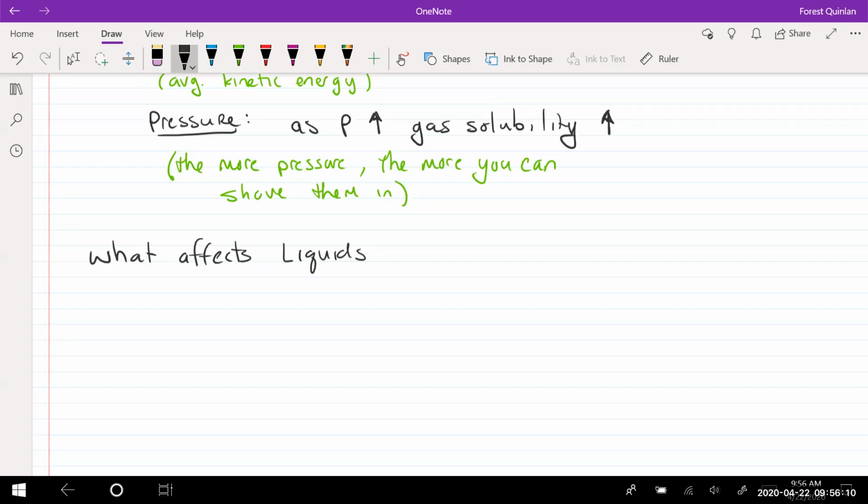Those yeast eat the sugar. They poop out their little CO2 as their byproduct, and they carbonate your beer inside of the bottle. They do the same thing with champagne. And so they ferment in the bottle like that, and they pressurize the champagne just like that.